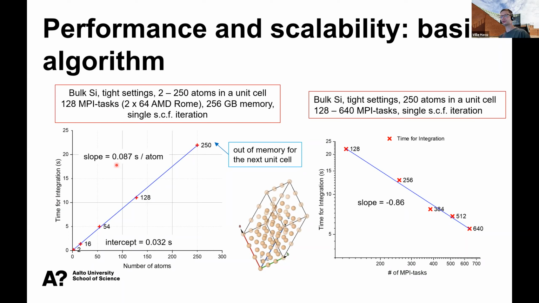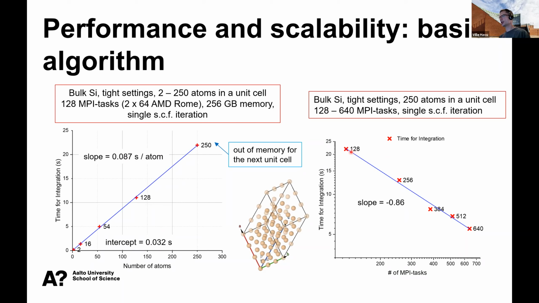It turns out that when you fit the bulk silicon tight settings case, in its ground state, each atom in the integration costs you about, on this platform, 0.087 seconds, and the overall intercept cost is 0.032 seconds. So this is the time that's spent in operations that don't scale by the atom. And as you see, it's pretty small, and adding one atom doesn't cost very much in the integration.